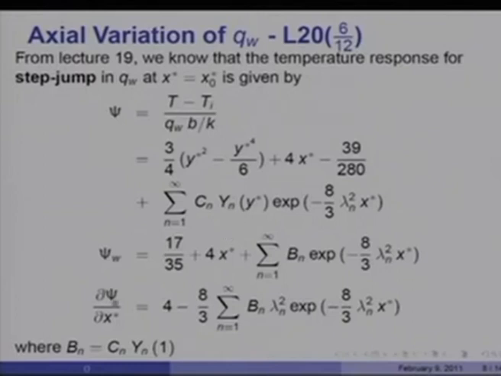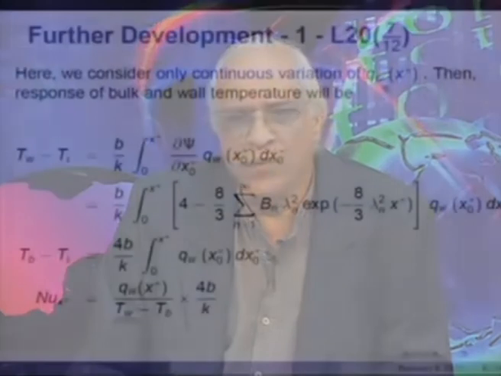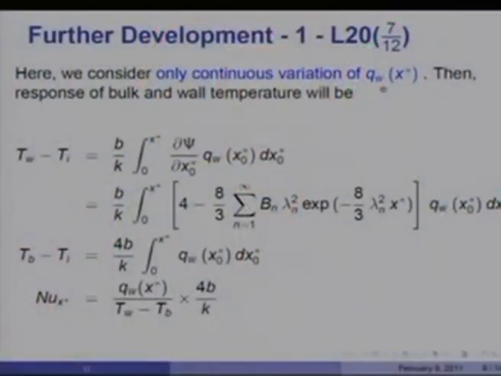If I were to take d psi by dx star, it will be 4 minus 8 by 3 into all this, into lambda n square and so on and so forth. So, here we consider only continuous variation of q w x star. I am not going to consider situations in which step jumps in Q wall occur, because they are rare.